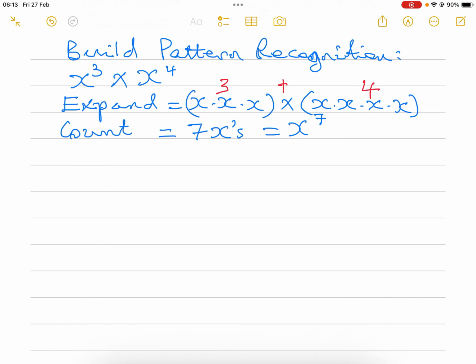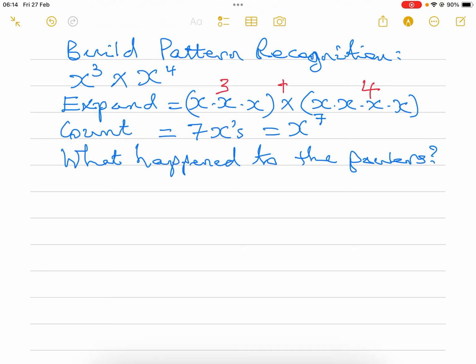The powers were added. 3 plus 4 gave us 7.